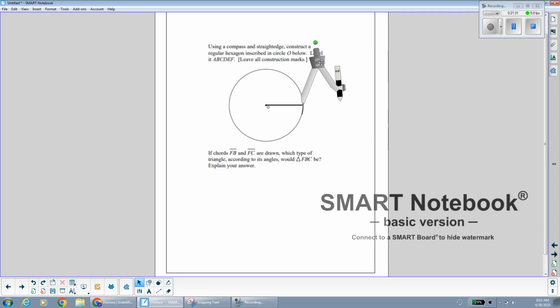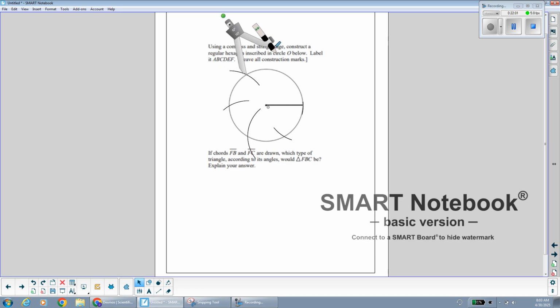I'm going to go over there, and then I'm going to use that same measurement, and I'm going to intersect the circle. Then I'm going to go over to that point, and use the same measurement and intersect the circle.